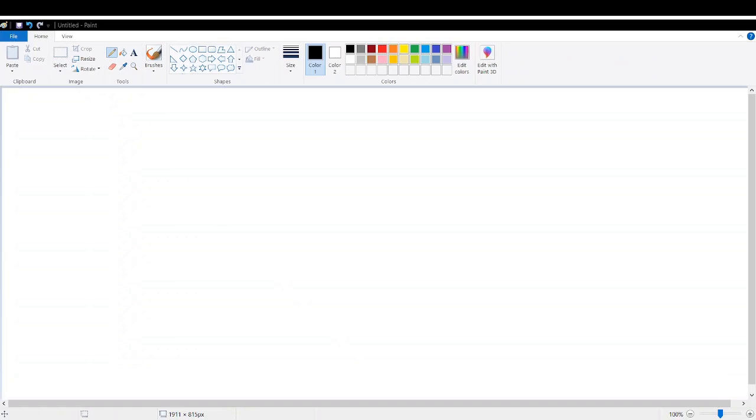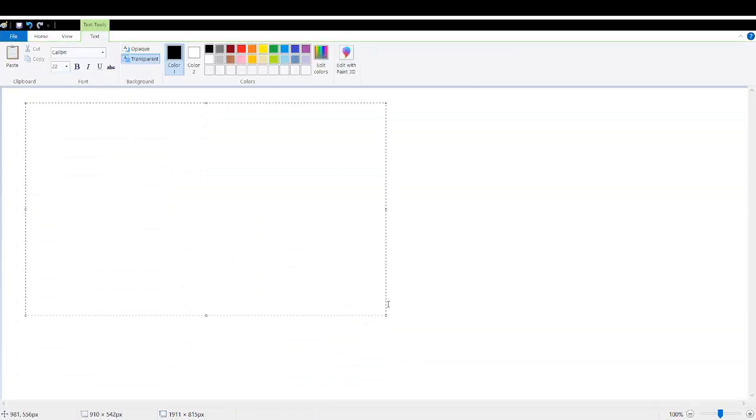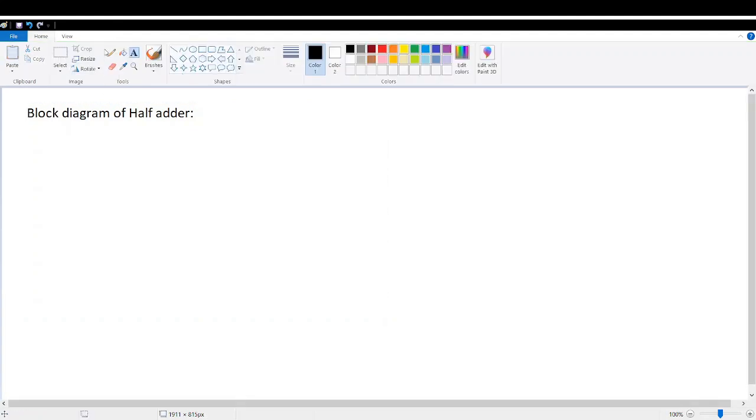Block diagram of half adder. It is just normally I am going to represent how many inputs will be there, how many outputs will be there, simply that's it.